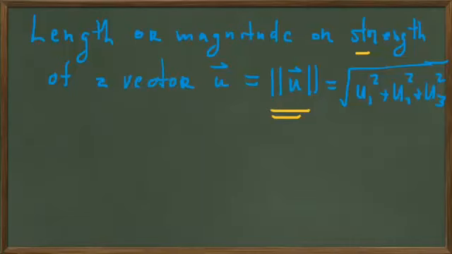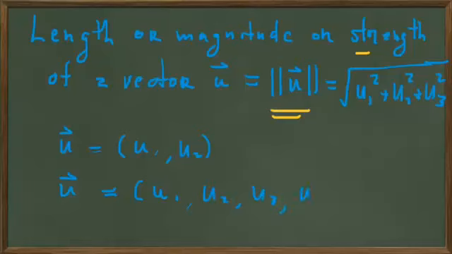Notice also that the vector U could have just 2 components if it's in the XY plane, or it could actually have more than 3 components, as long as we understand that the 4th component doesn't necessarily correspond to anything geometrically.